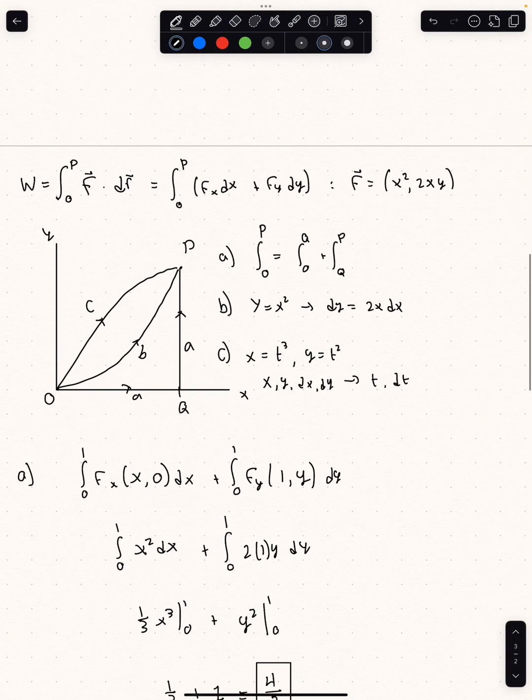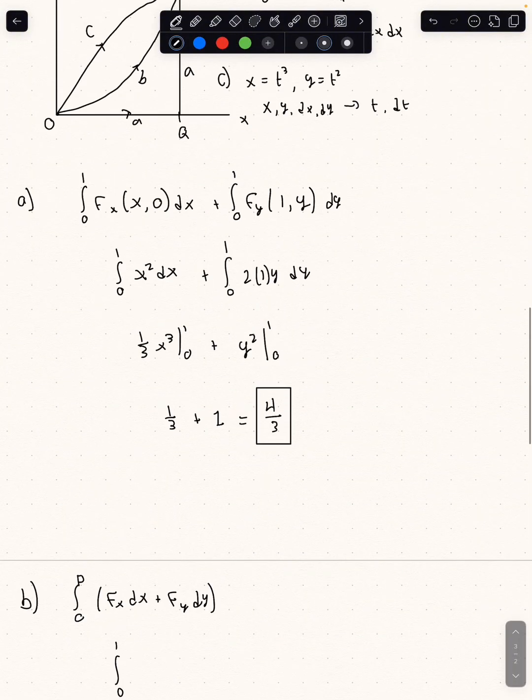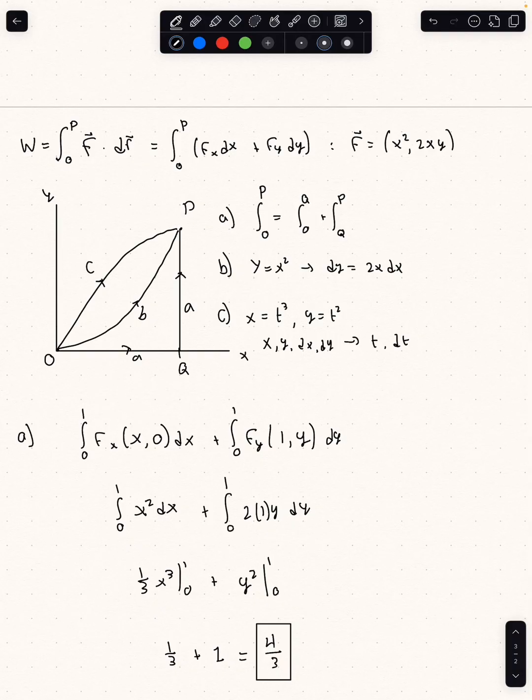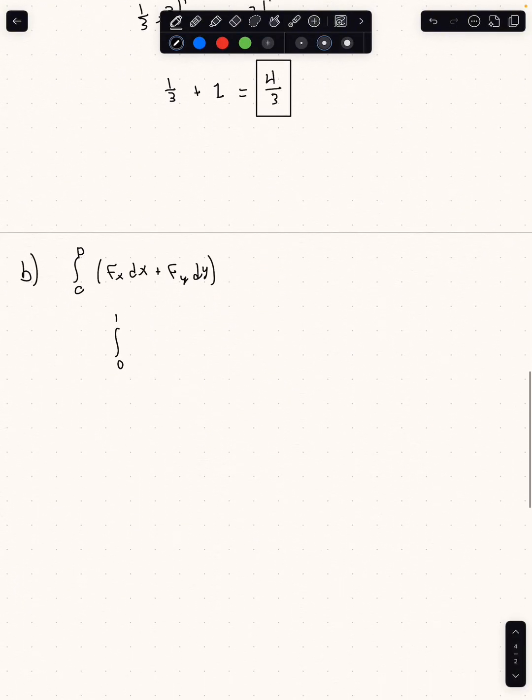Now here we're given this relationship, which we will use, and that's going to give us the integral from 0 to 1. All of this is the origin. This is 0, 1, 1. Hence the 0 to 1 integral in A, and then the 0 to 1 in part B.